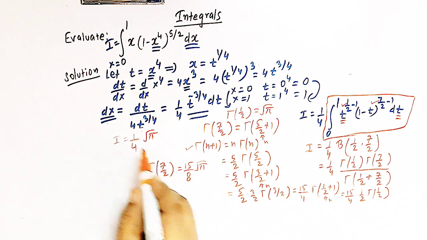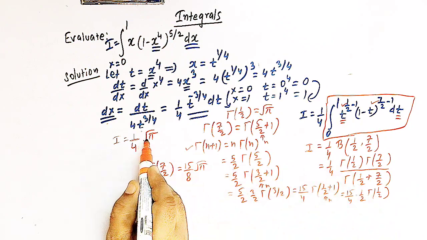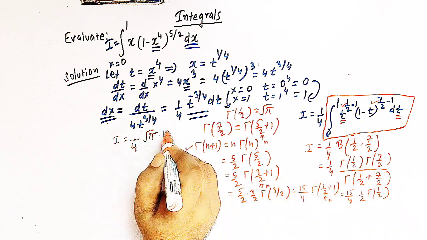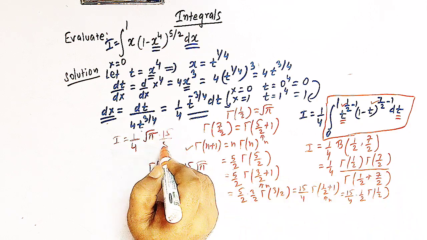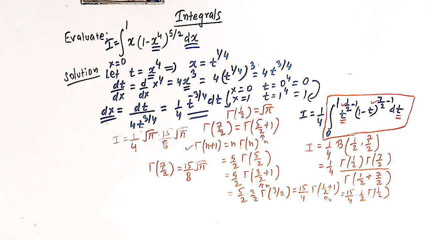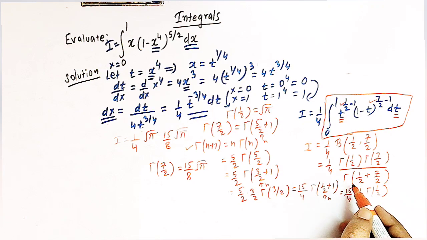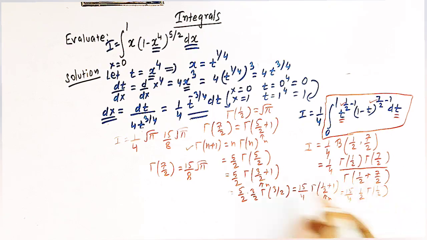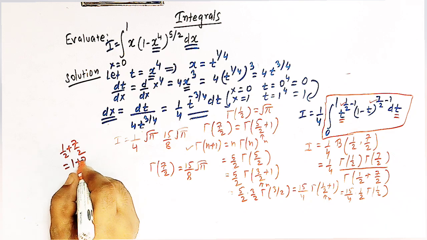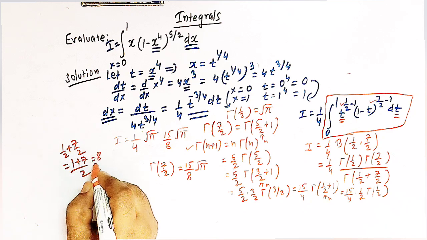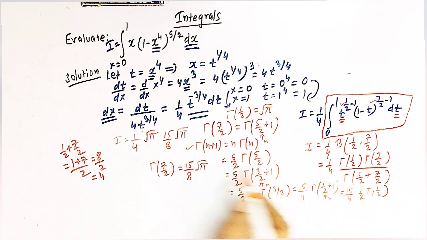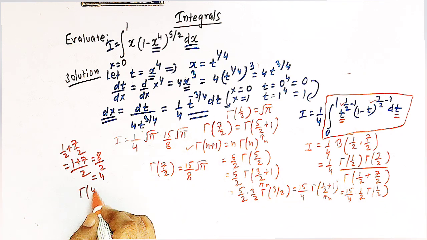So gamma of 7 by 2 is equal to 15 over 8 times square root of pi. So now I is 1 by 4, gamma half is square root of pi, and gamma of 7 by 2 is 15 over 8 times square root of pi, right? And in the denominator we have gamma of half plus 7 by 2. So half plus 7 by 2 is 1 plus 7 over 2, that is 8 over 2, that is 4. So in the denominator we have gamma of 4.